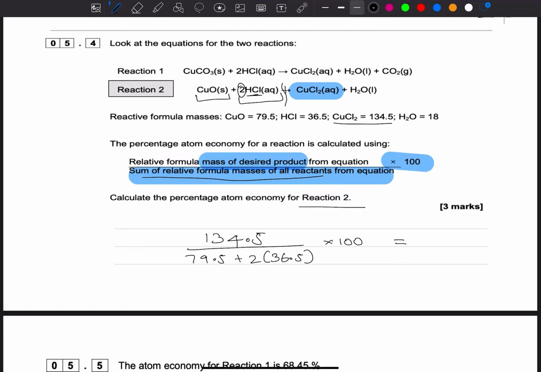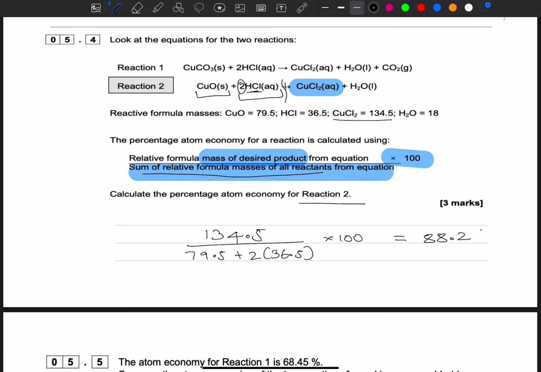It'll give you how many decimal places? Doesn't say. 88.2. 88.2% atom economy. Okay.